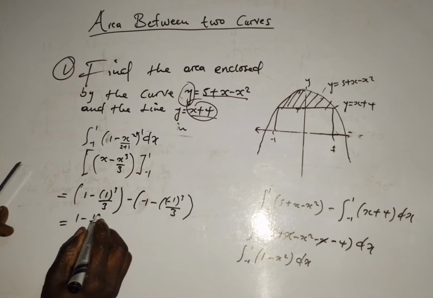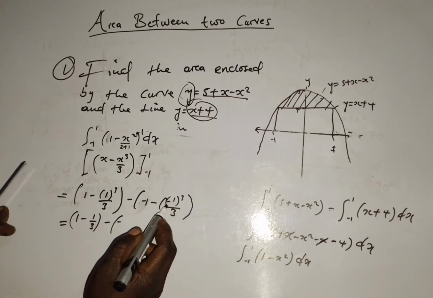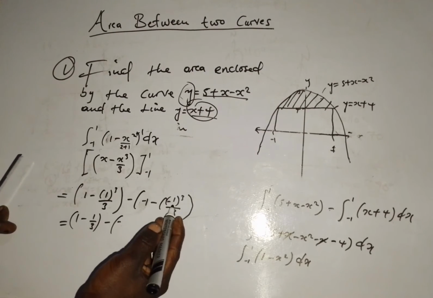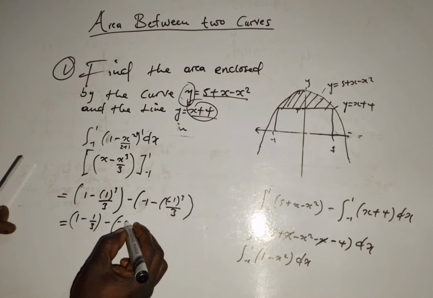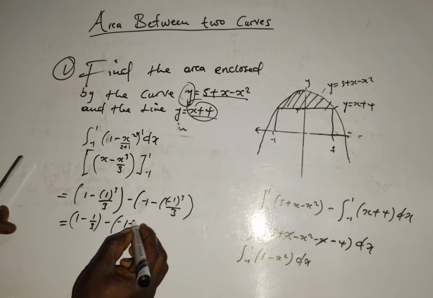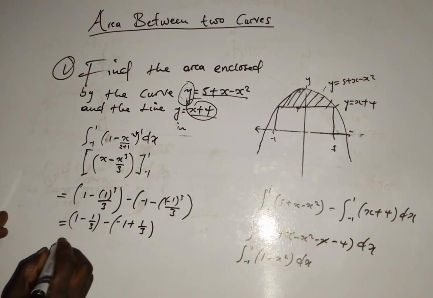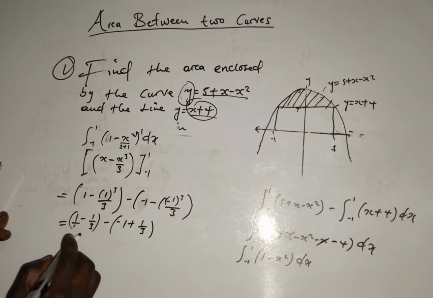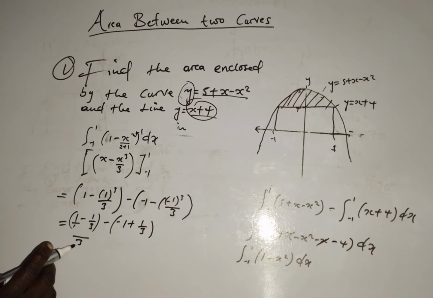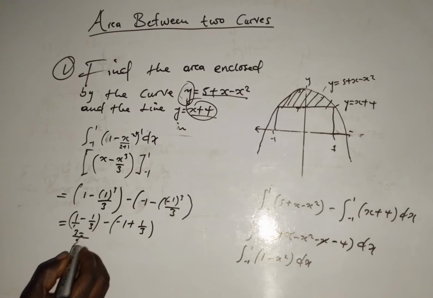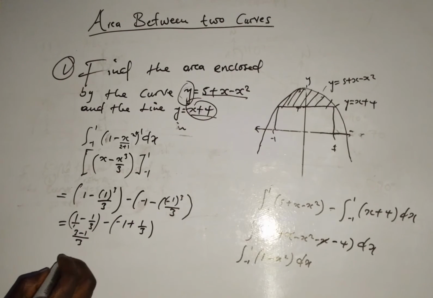Okay, minus open bracket negative 1 minus negative 1 cubed. Negative 1 cubed is negative 1, and negative times negative is positive, so it is going to be 1 plus 1 over 3 in the bracket. Here you are going to find the common denominator, which is 3. 1 times 3 is 3, minus 1 times 1, which is 1.